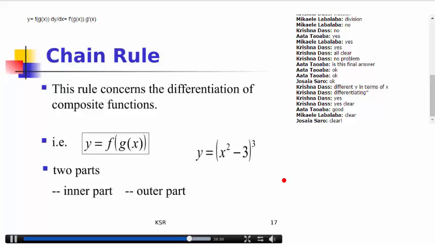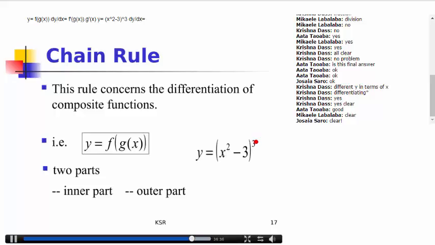Okay. So let's look at this example and how we need to solve it. We have y equals (2x squared minus 3) to the power 3. Now how are we going to solve it? dy over dx will be equal to, now this is my outer function, the one with the cube.